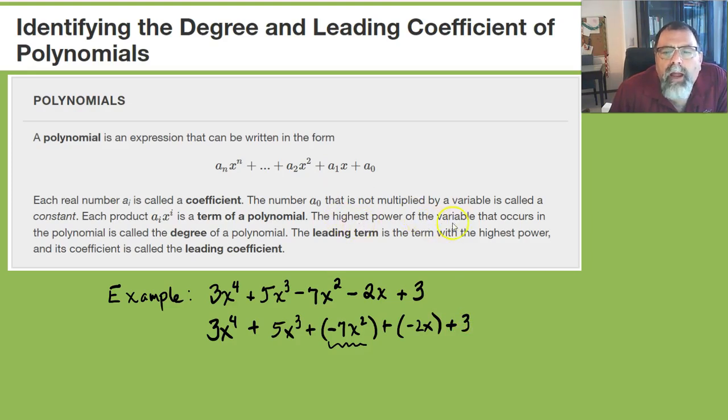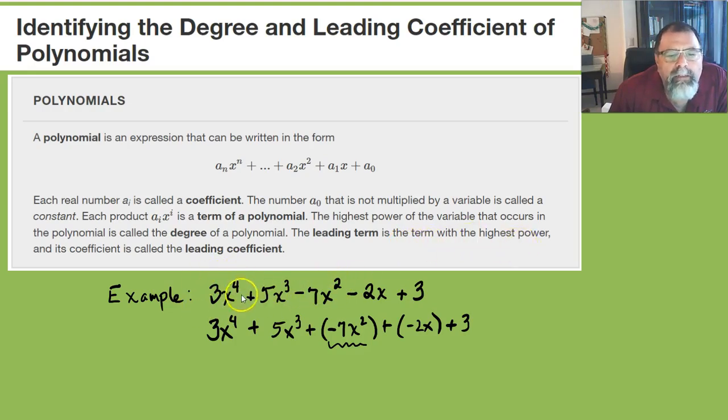The highest power of the variable that occurs in the polynomial is called the degree. So this is what we call descending order, when you put the highest term first and then you descend. So this is the fourth degree term, third degree, second degree, first degree, constant, or degree 0. The highest degree term gives the degree of the polynomial, and the leading term is the term with the highest power.